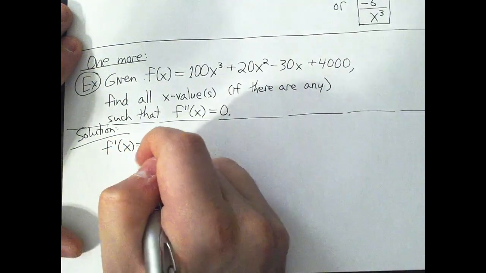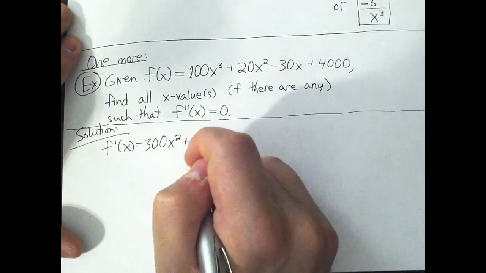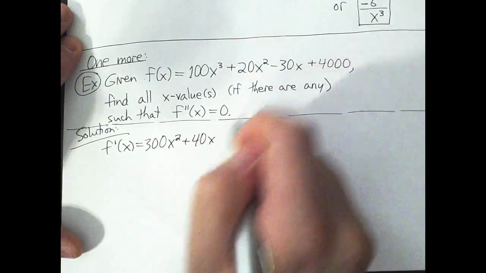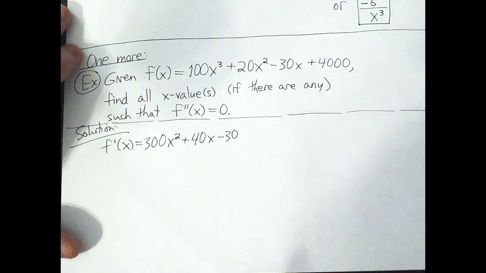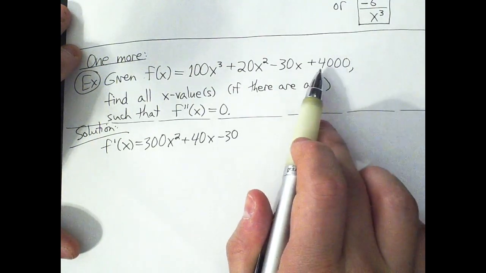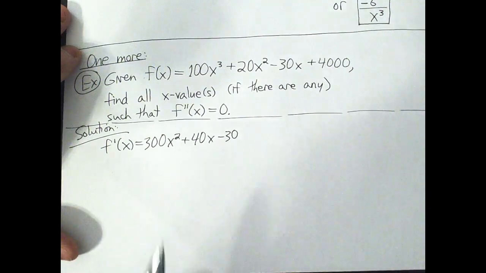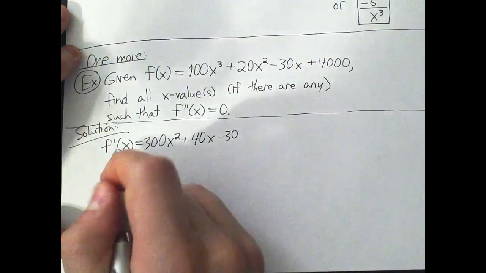100x cubed is going to be 300x squared plus, this is going to get me 40x. This is going to get me minus 30. And the plus 4,000 doesn't even matter because the derivative of a constant is nothing. So that 4,000 doesn't even matter. It didn't even matter whether that was there or not.